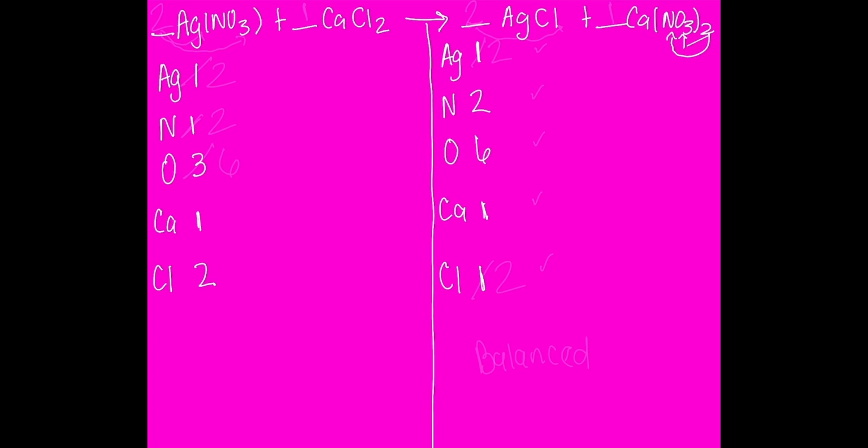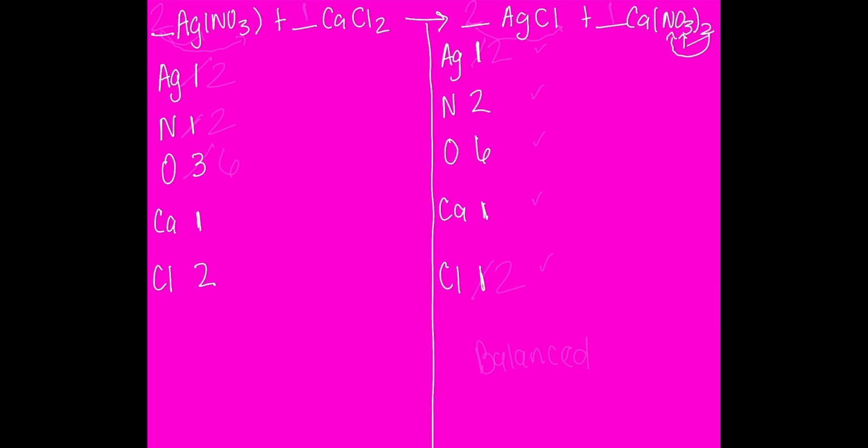Okay. Now I read my equation from left to right, and as a result, I am going to now find out different coefficients that I can use to get my equation balanced, because as I can see, my elements do not match, and I want them to match. Okay. So my reactant Ag and my product Ag, they match so far.